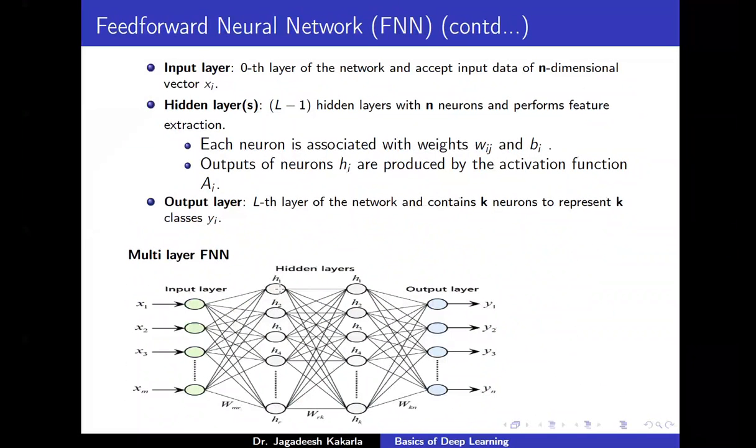The output of this neuron will act as an input to this neuron. Till now we have discussed that we need to standardize these inputs. But if you want to perform very well, you even need to standardize the outputs received from these neurons, because these outputs are acting as an input to this neuron. So we even need to standardize these outputs which are received from the L-1 layer.